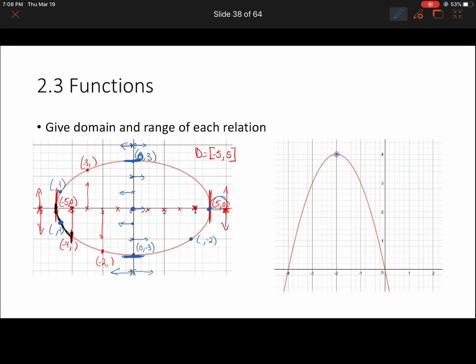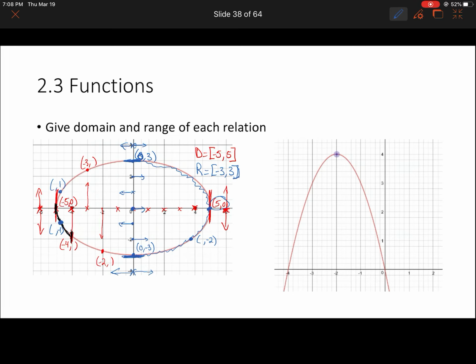It's everything from -3 all the way up to +3 and all of this stuff in between. So it's really all of these things, all those points have y values somewhere between -3 and +3. And so for the range, that's what we're going to say. It's -3 to +3. Again, that is a bracket there.